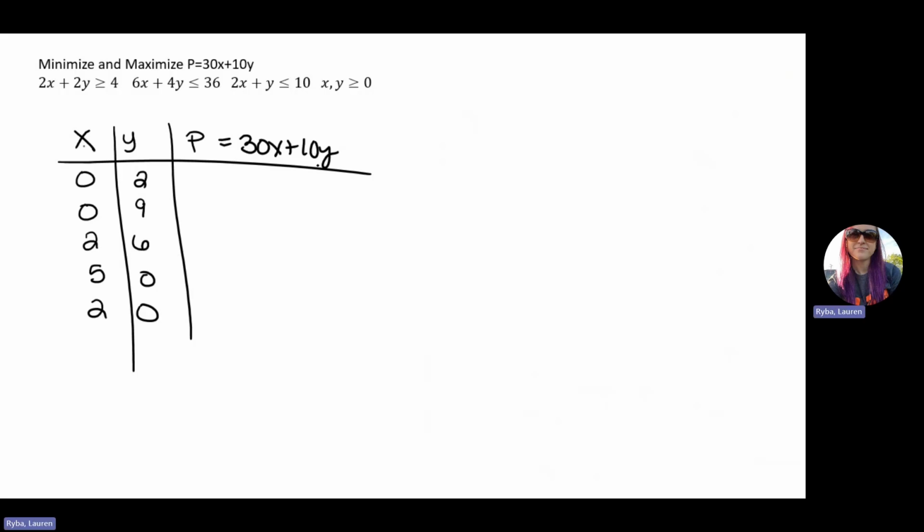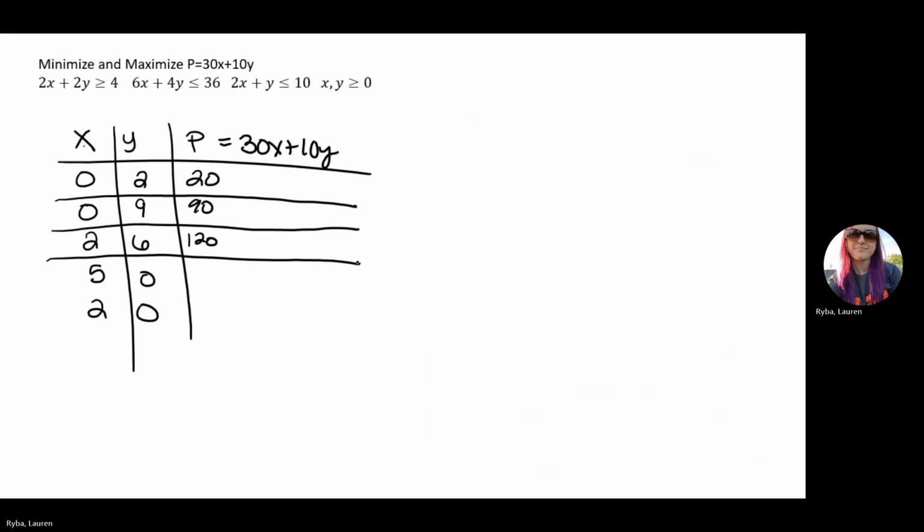So no X's, 2 Y's, 2 times 10, 20. No X's, 9 Y's, 9 times 10, 90. 30 times 2 is 60, plus another 60 is 120. Now we're plugging 5 in for X, so 5 times 30 is 150, and 2 times 30 is 60. That is my completed table.